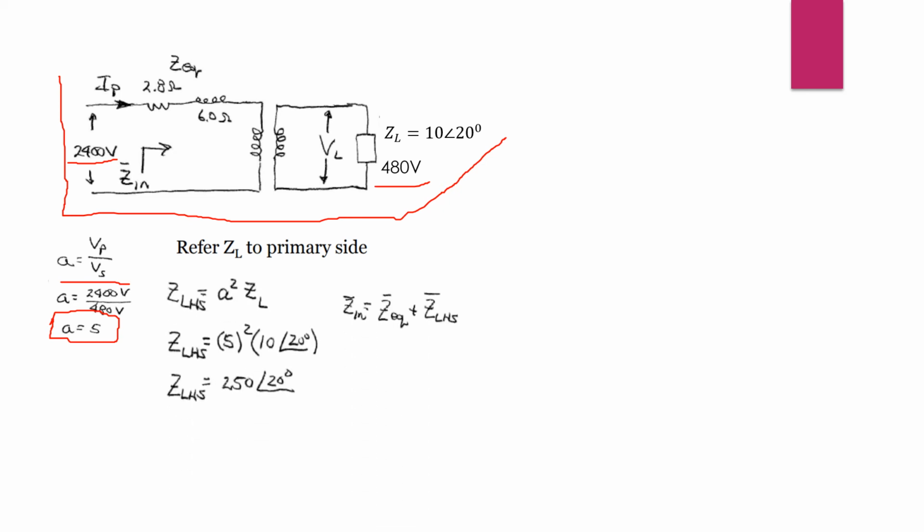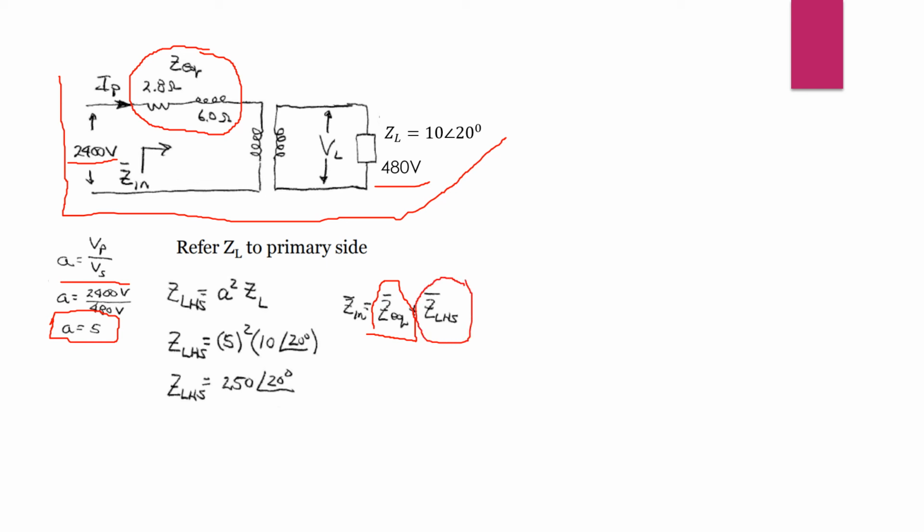We don't need to worry about this Z equivalent because we know that Z equivalent is just the sum of these two components. Our problem here is the Z load high side.